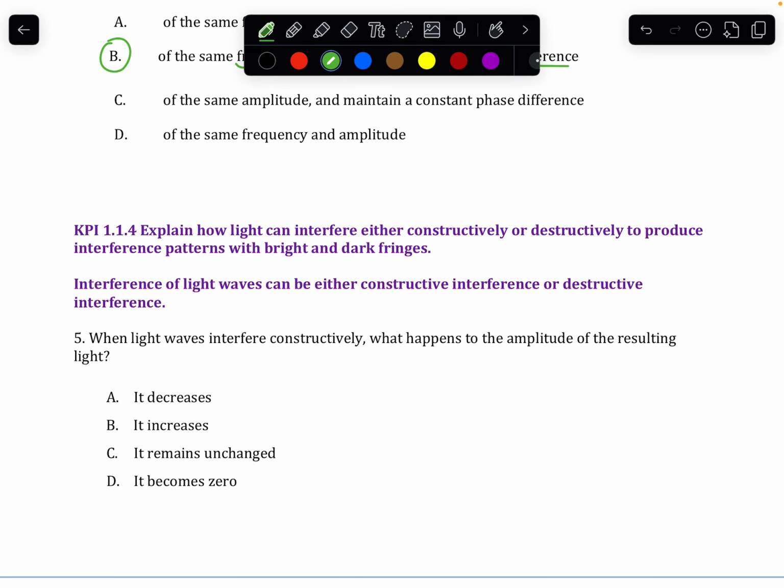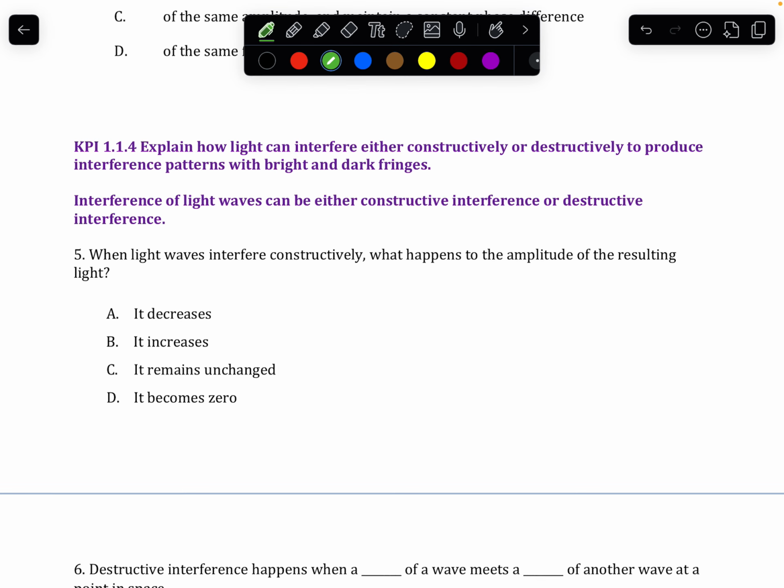Explain how light can interfere either constructively or destructively. For example, to have a constructive interference, I must have a crest with a crest, and also a trough with a trough.